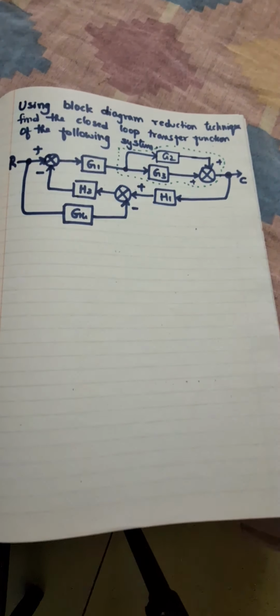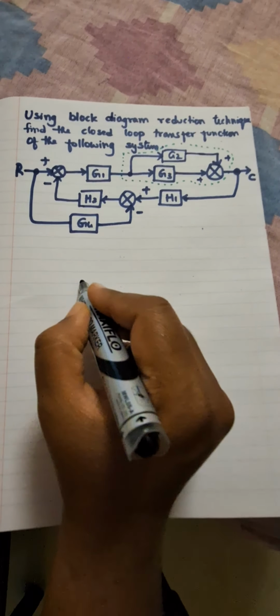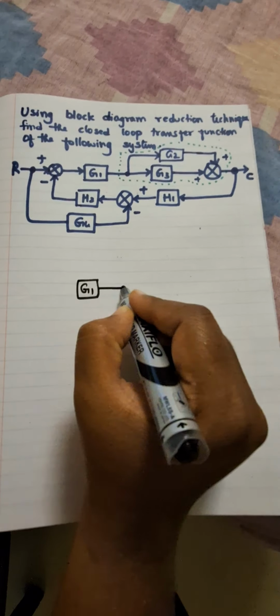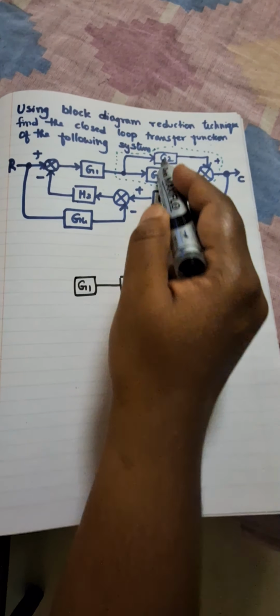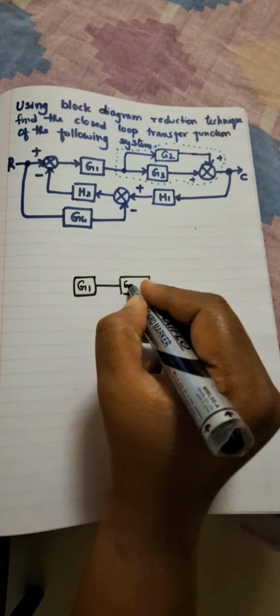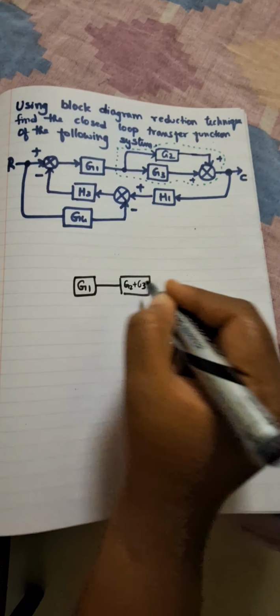G2 plus G3 will be your next block. So the block diagram changes, with G1 here. This node will be gone because you added these two, and the summation will be gone because you added these two. I said G2 plus G3 because it is plus plus, so both are positive. So this is G2 plus G3.